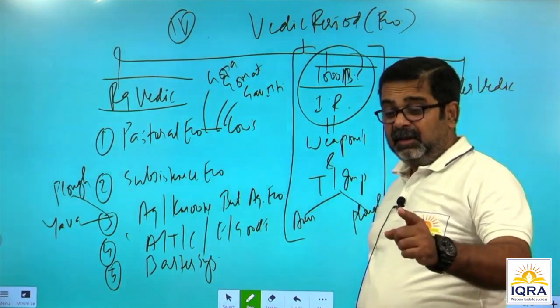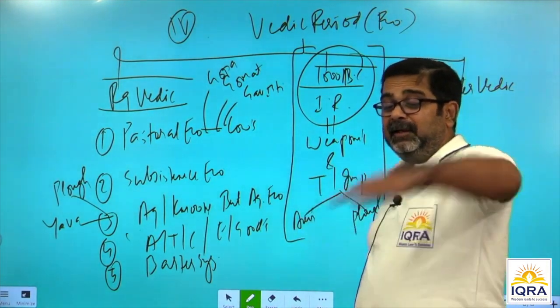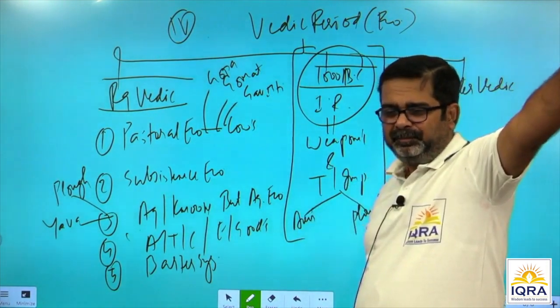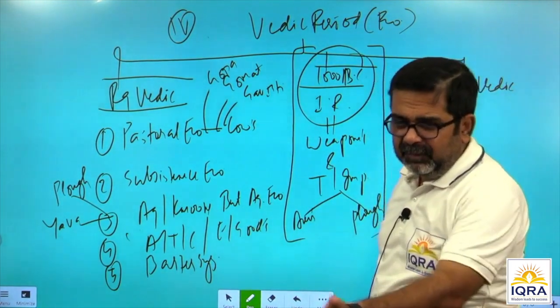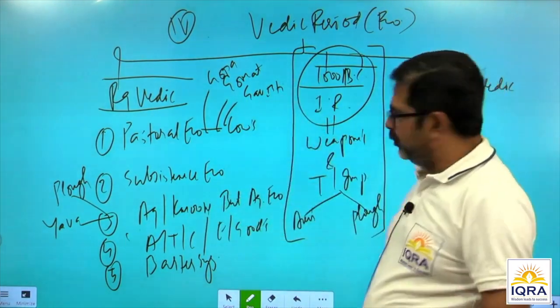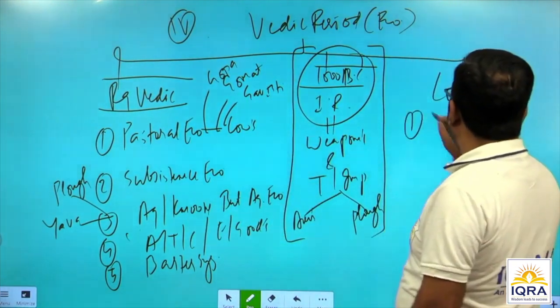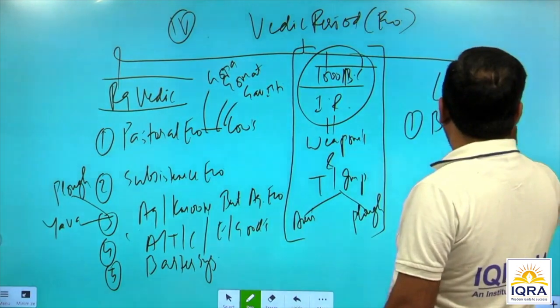Iron axes played a very important role in clearing the forest. Iron plow helped in plowing the alluvial soil of northern India. And this led to the birth of agricultural economy.